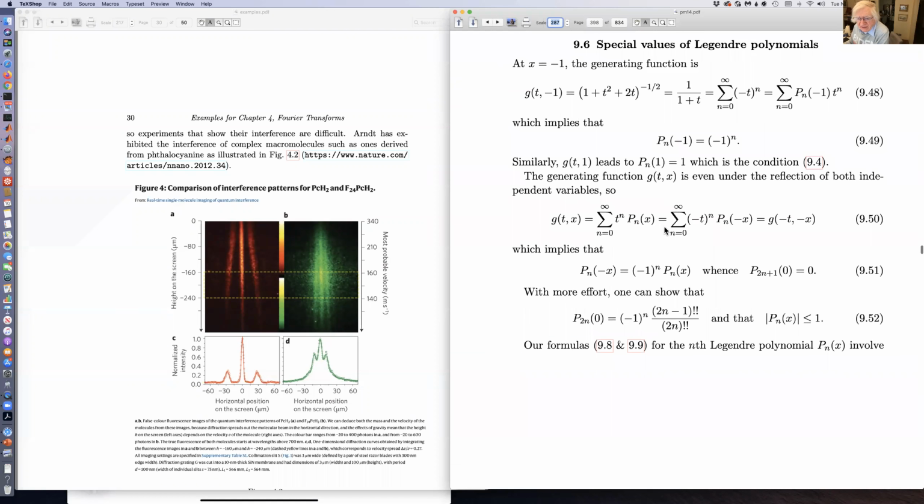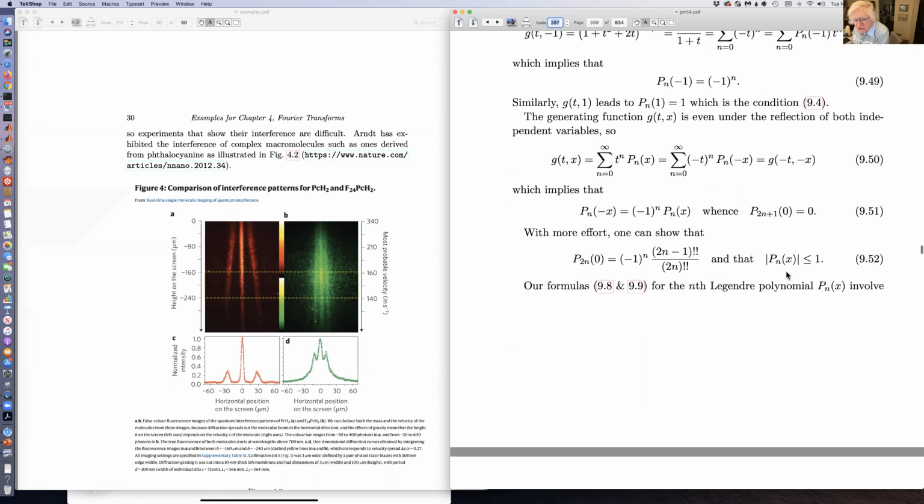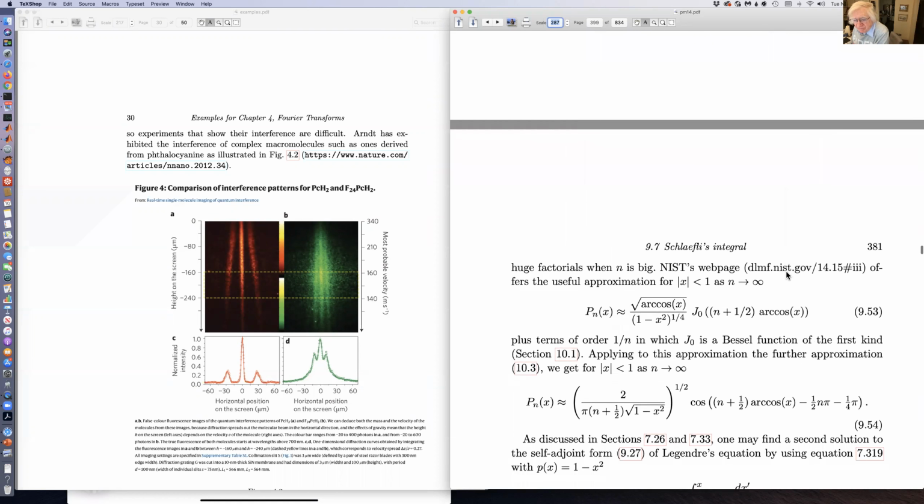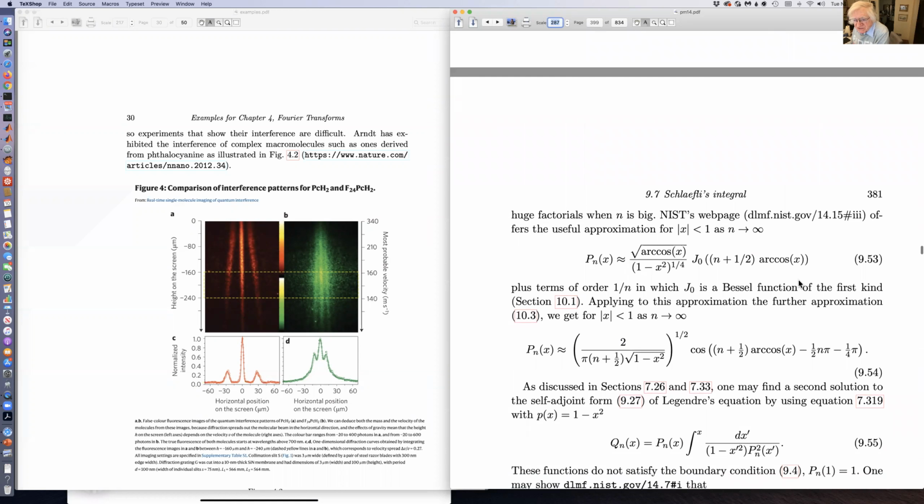Pn of minus x is minus 1 to the n Pn of x. And that means that the odd ones must vanish at the origin. This is an interesting relationship between the Legendre polynomial and the Bessel function.